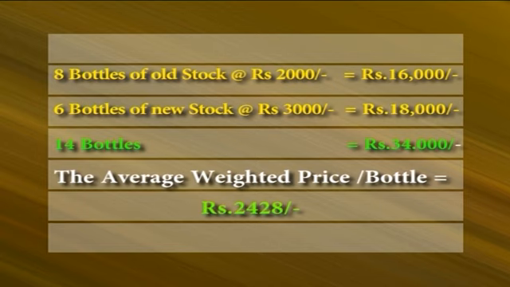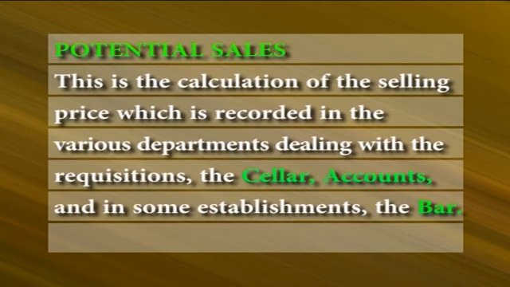Example, 8 bottles of old stock at rupees 2000 each equals rupees 16,000. 6 bottles of new stock at rupees 3000 equals rupees 18,000. So total there are 14 bottles for rupees 34,000. The average weighted price per bottle is rupees 2,428 per bottle.